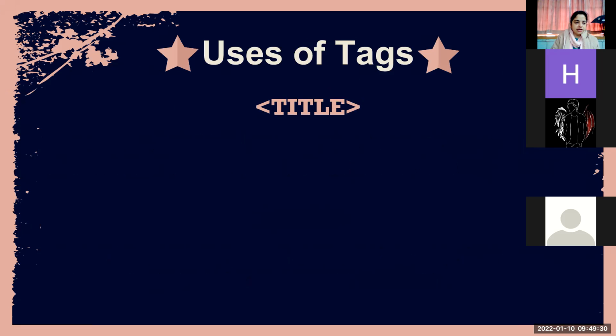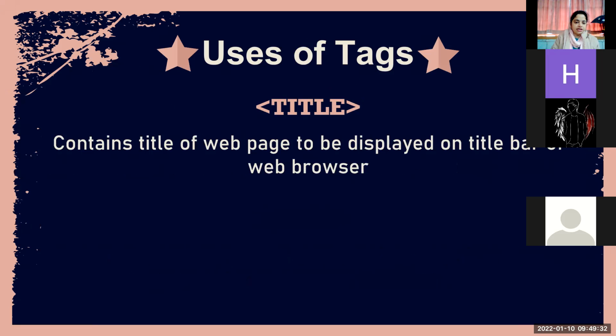Okay. Next is we are using title tag to define the title of the web page that is to be displayed. Where will the title be displayed? That is to be displayed on the title bar of web browser.